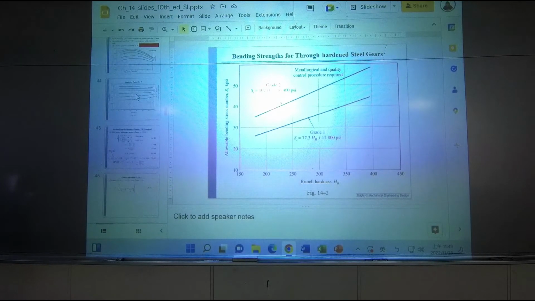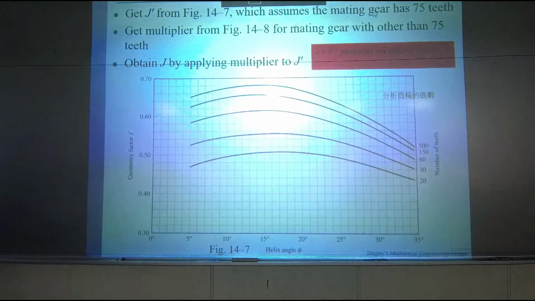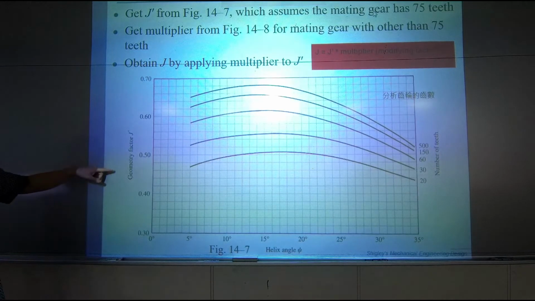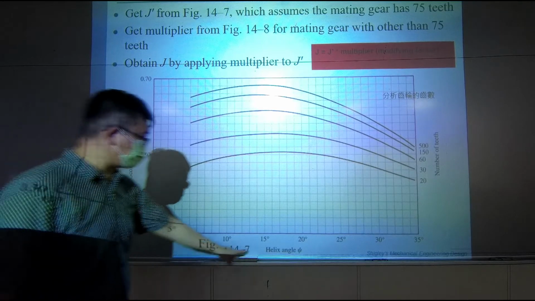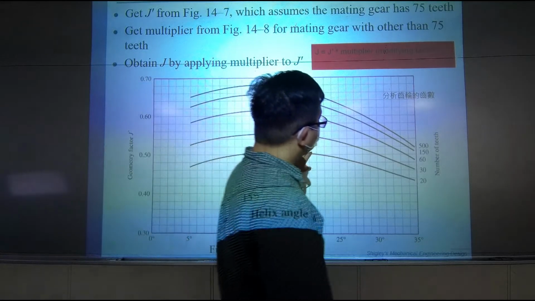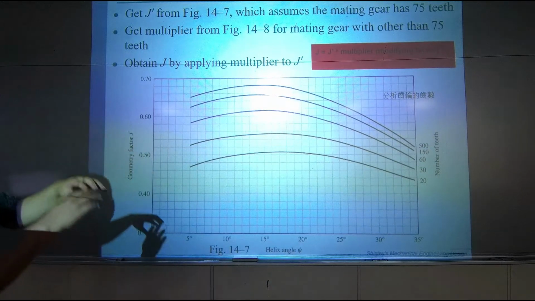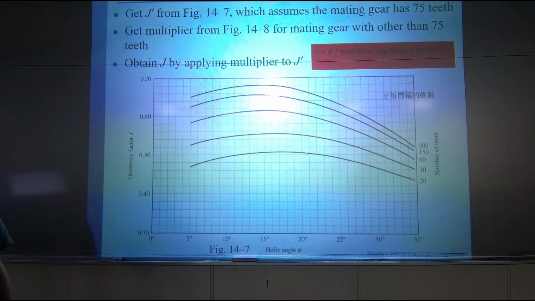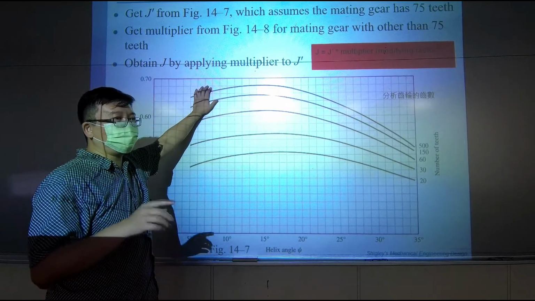Okay, so take one example. This is one of the factors, J. This factor depends on helical angle, so different shapes. And these are different numbers of T. And when you see a table like this, you can be 100% sure that these curves were obtained by experiments.